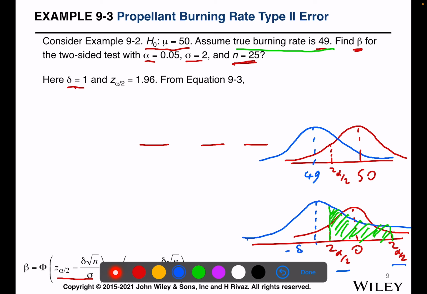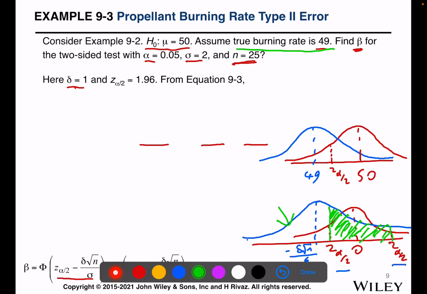What was the equation? Yeah, it's actually here. Square root of n divided by sigma. Right? So this is the area under the curve that we are interested in. The only difference compared to the previous slide is that here, this area under the curve that we are calculating is on the right side of this curve, as opposed to being on its left side. Otherwise, it's the same.